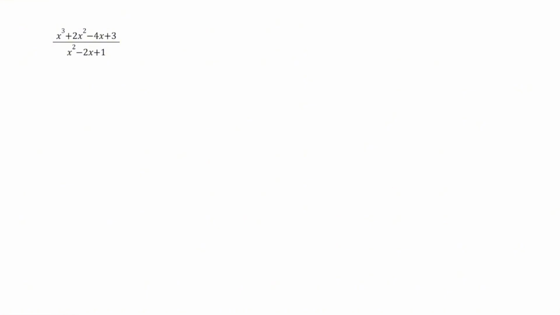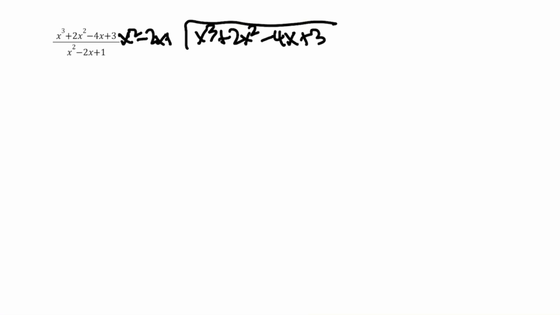Time for a practice problem. This is polynomial division, and we're going to write it. To get from x squared to x cubed, you need to multiply by x. So you write x here, and you subtract.